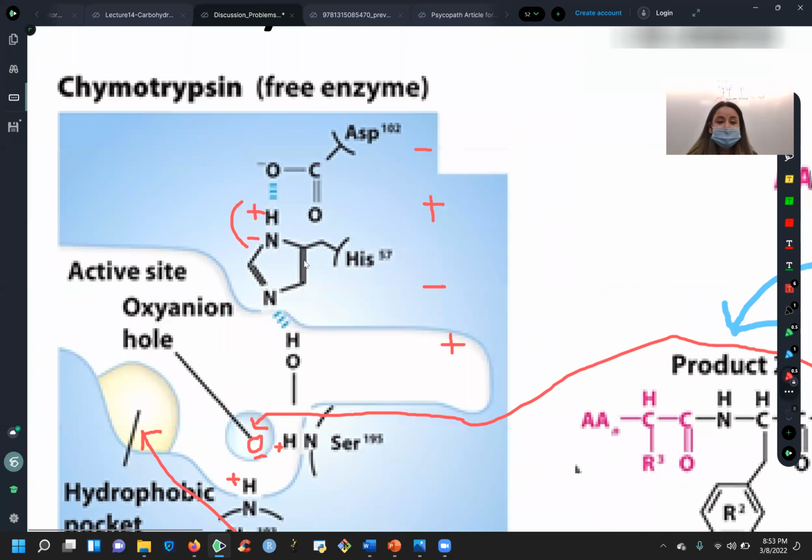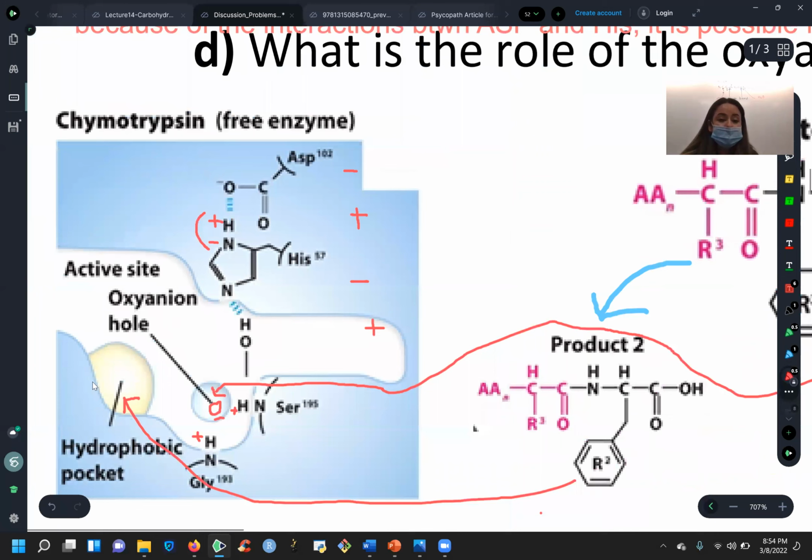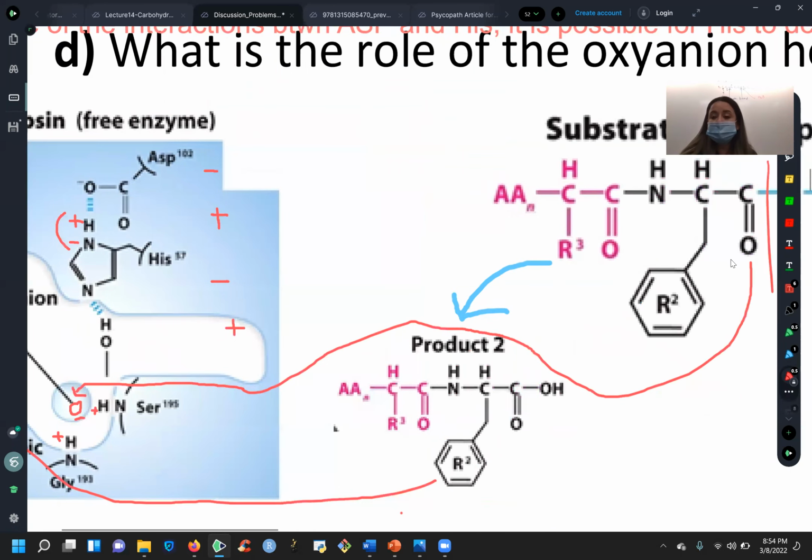Let's review. We have the hydrophobic pocket where the phenyl group is going to go. We have the oxyanion hole where the oxygen from the carbonyl group from the peptide bond is going to go.